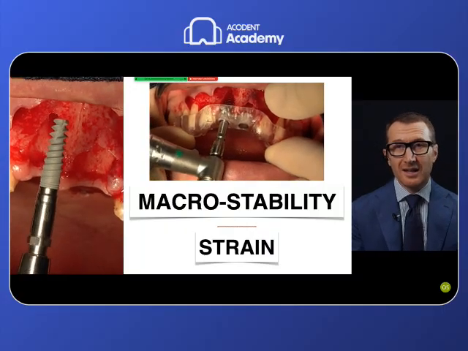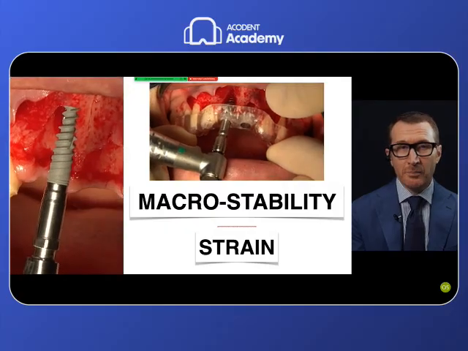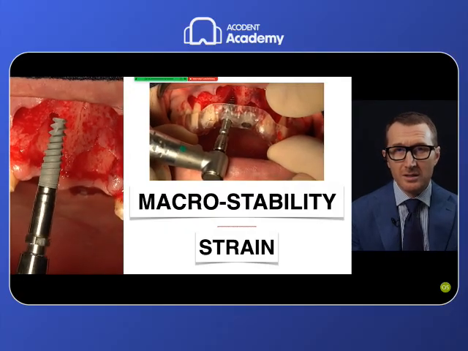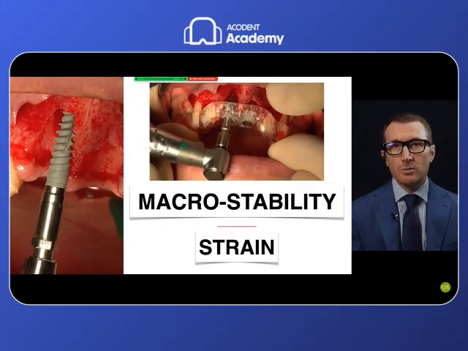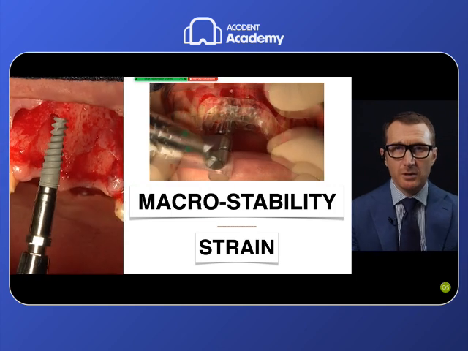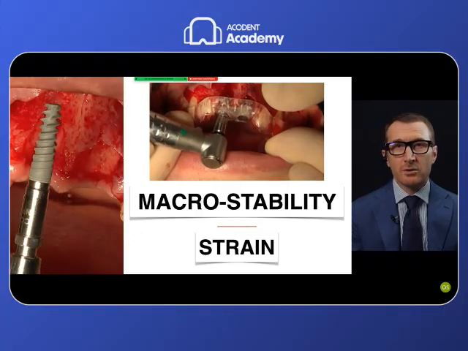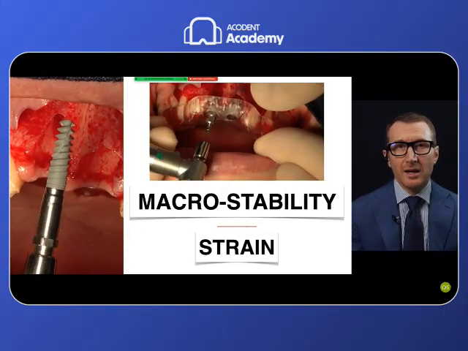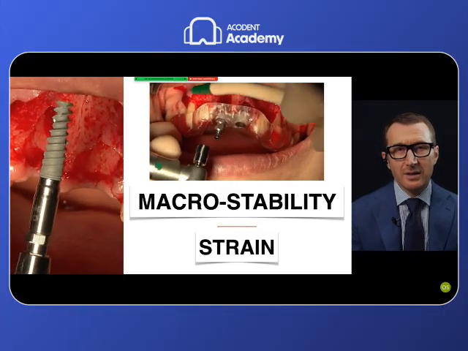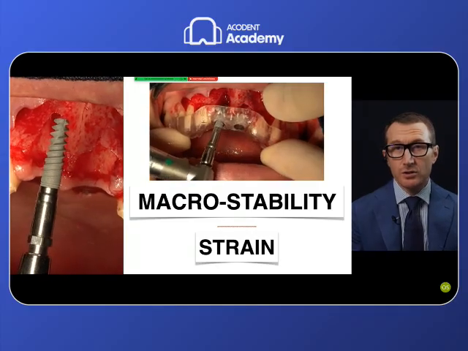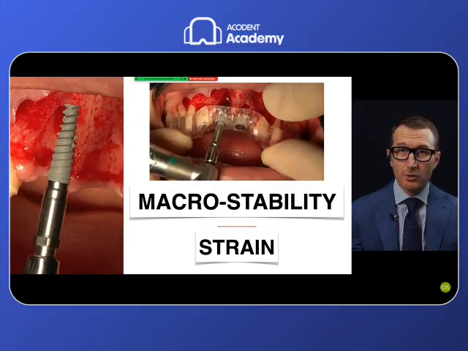It doesn't mean that an implant with a 2 Newton-centimeter stability is not going to be osseointegrated. It can be osseointegrated, obviously, but the risk that a minimal amount of mechanical disturbance impacts negatively on the osseointegration process is very strong. And why is this so important?